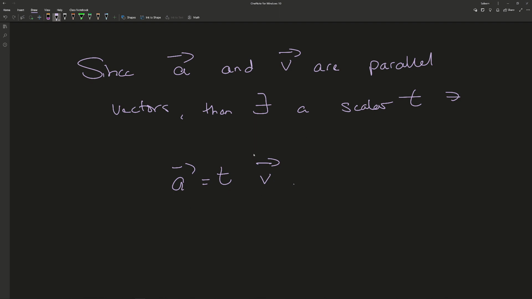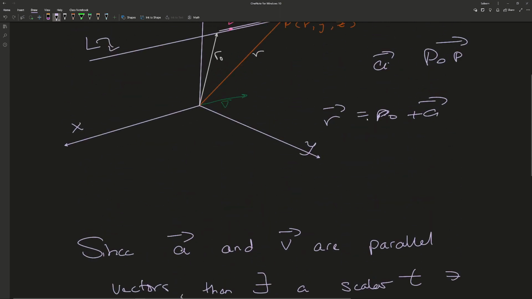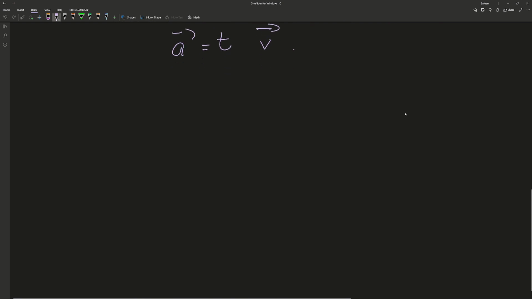So from this now, combining this new information with the fact that r is equal to r0 plus a, we arrive at something that is called the vector equation of a line.